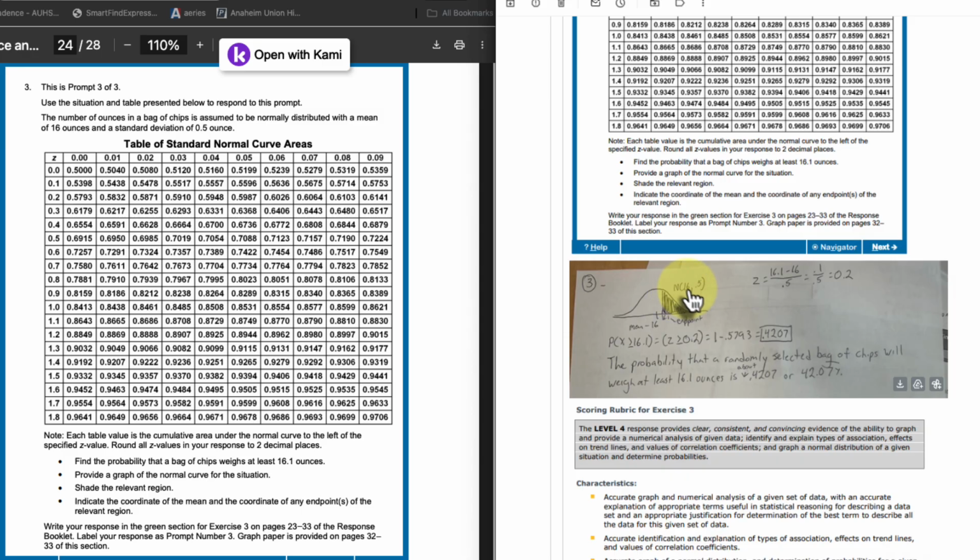Nice, normally distributed. Mean is 16 and standard deviation of 0.5. I always like writing the formula first if you had time, but you didn't, which is okay. So you're showing us the score minus the mean divided by the standard deviation. So you have a z-score of 0.2.